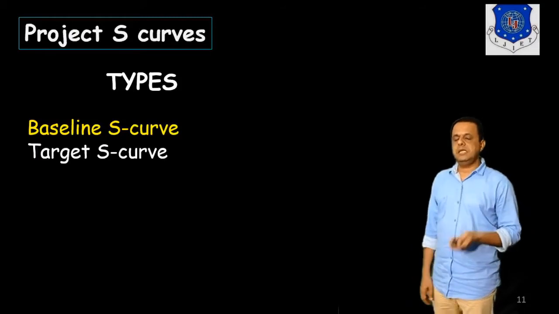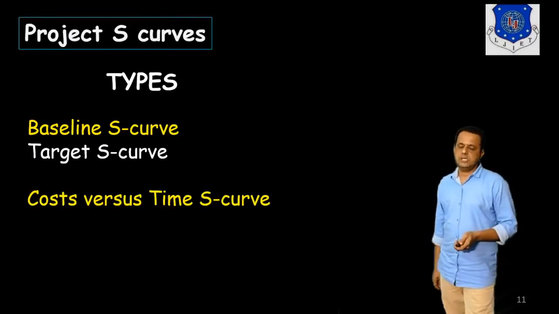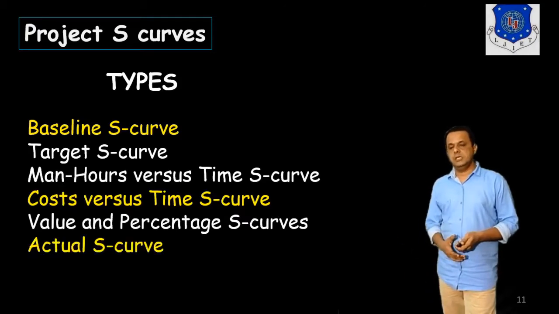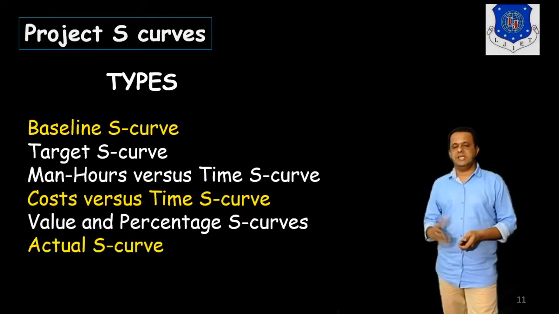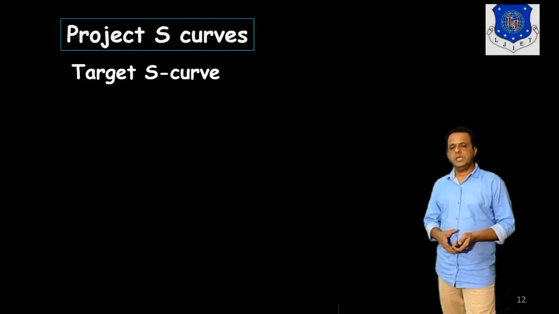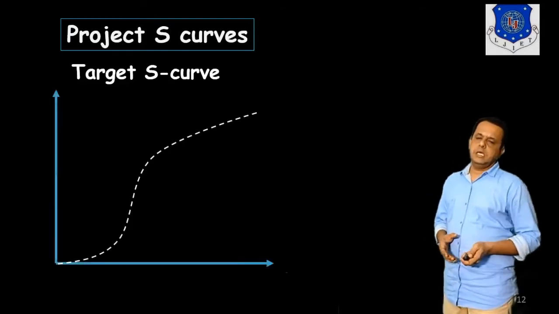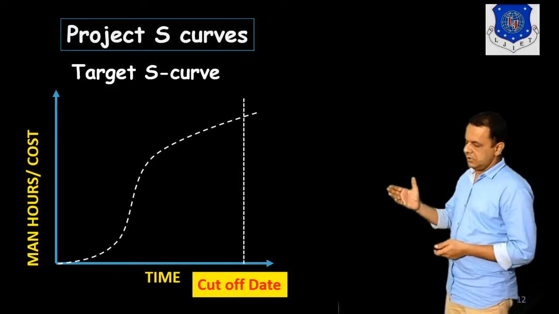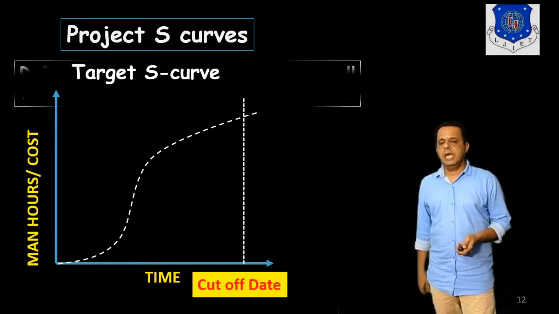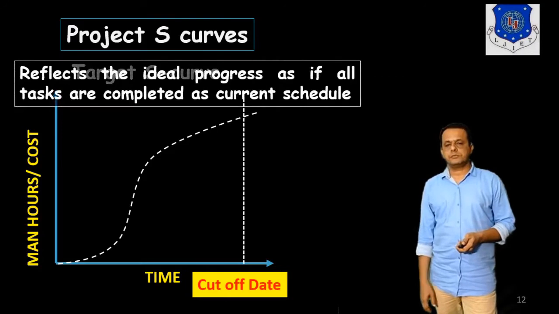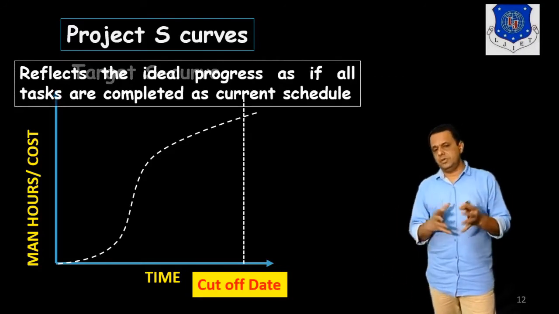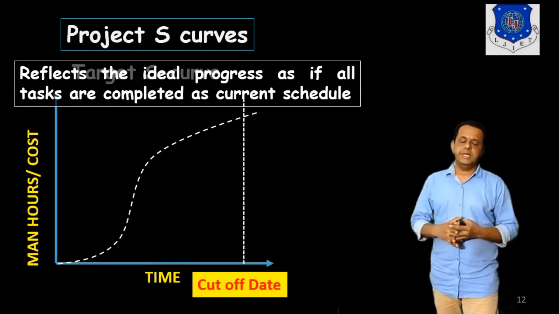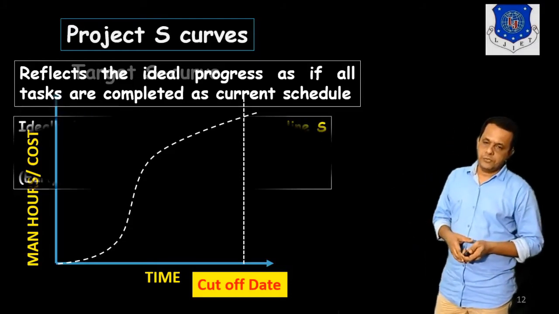Types: baseline, target, cost versus time, then man hour versus time, and value in percentage as we saw in the previous examples, and actual S-curve. Target S-curve, obviously here we have the timeline cutoff date given, so man hour or cost versus time, and it requires the ideal progress if tasks are completed as per the current schedule.